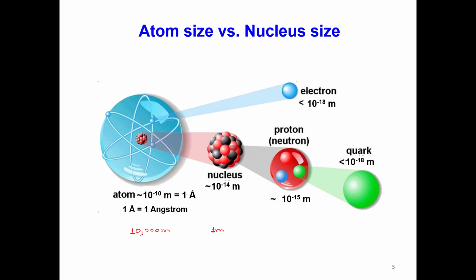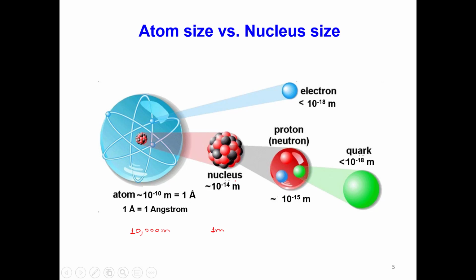It's 1, 2, 3, 4 zeros. The size of the atom compared with the nucleus is in this proportion: if we had 1 meter, then here we would have 10,000 meters. The difference is huge, 4 orders of magnitude.